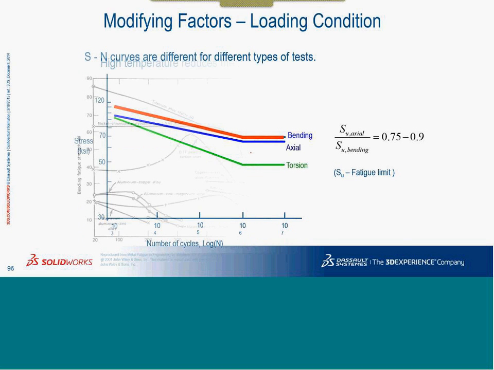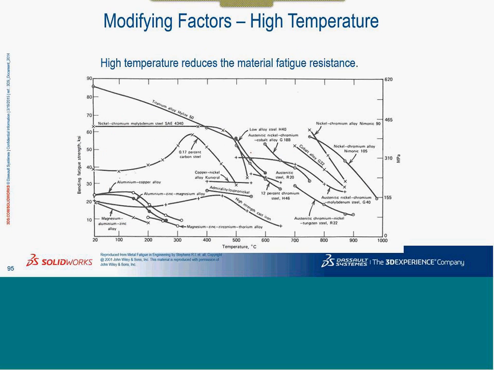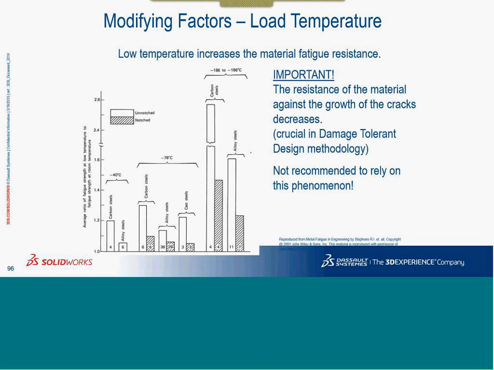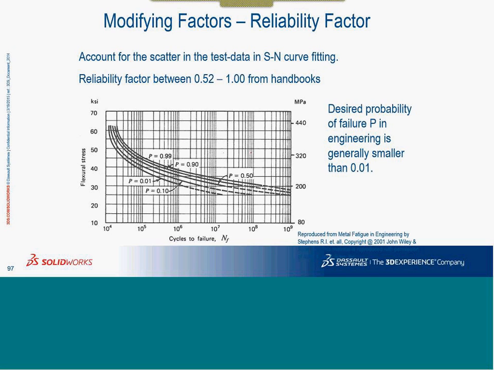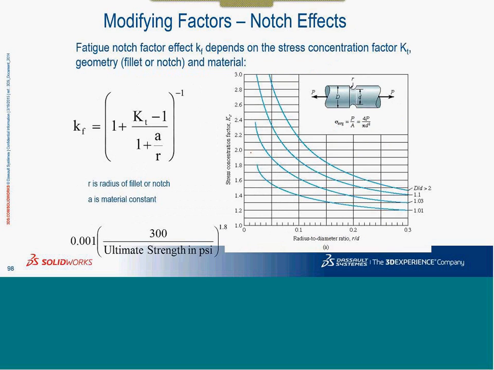It could be temperatures, high temperatures or a different set of temperatures can lead to a different SN curve. Low temperatures, yes. Reliability factors also come into the picture. More statistics, but yes, they can cause a difference. Notch effects. So if there are different places where there is a notch in the design, then that can cause failure.